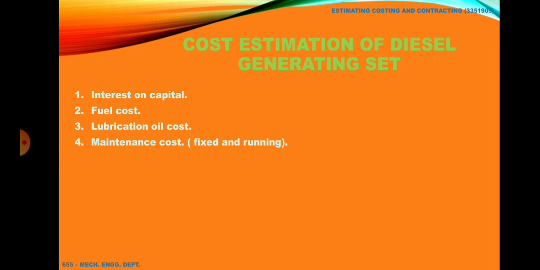Now, cost estimation of a diesel generating set. The first is the cost of interest on capital, the amount of interest on capital for purchasing the diesel generating set. Then fuel cost of diesel, lubrication oil cost for better running, maintenance cost, fixed and running, the labor cost, and the overhead cost.